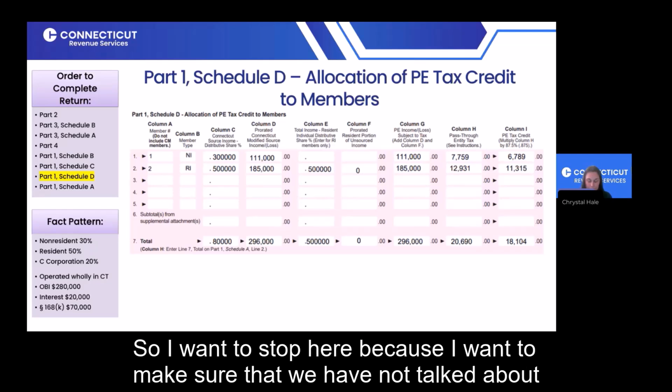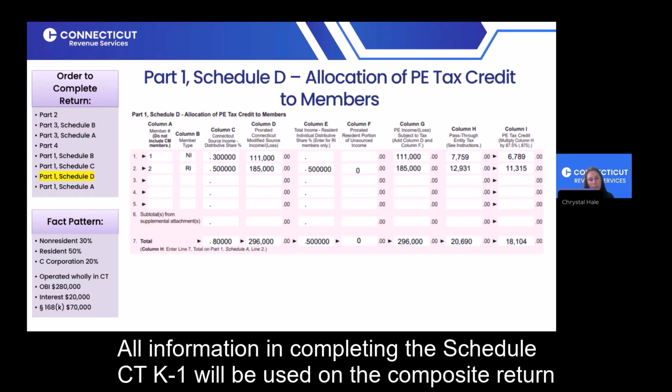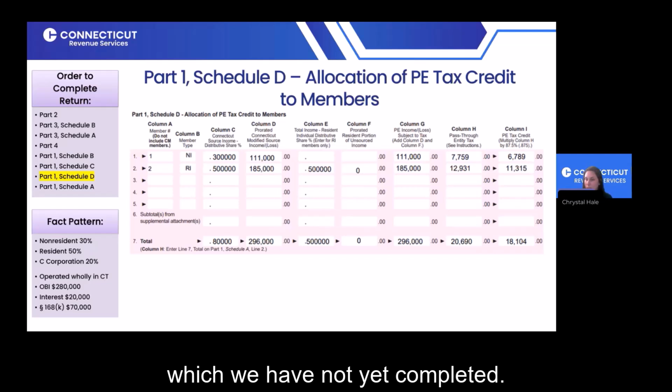So I want to stop here because I want to make sure that we have not talked about what information is being used to complete the Schedule CTK1. All information in completing the Schedule CTK1 will be used on the composite return, which we have not yet completed.